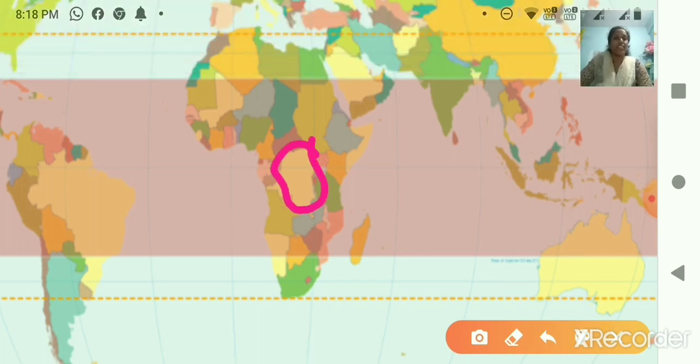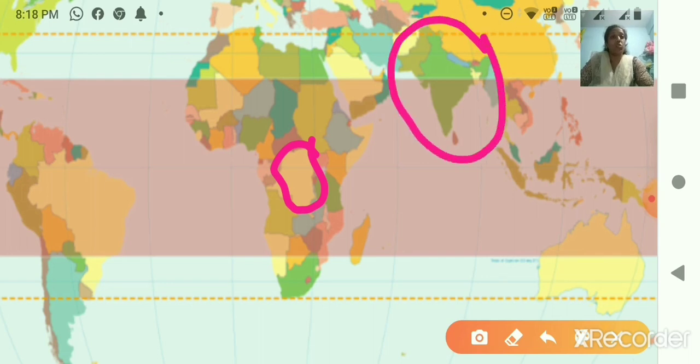Isn't it? Okay. And can you see our country India? Yes, our country India is located over here. See children, the south part of India comes in this zone. Okay? The southern part of India is located in torrid zone.